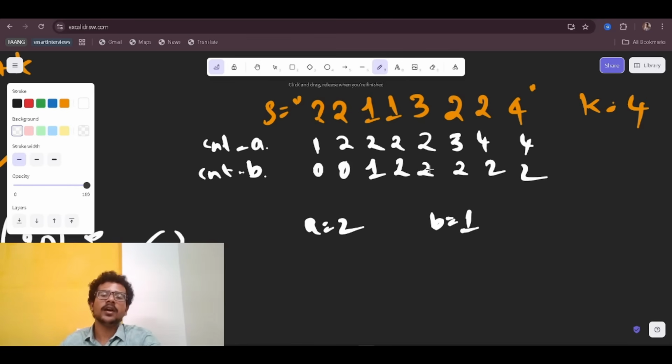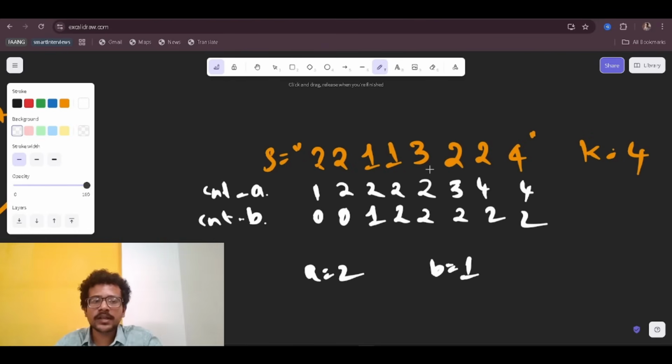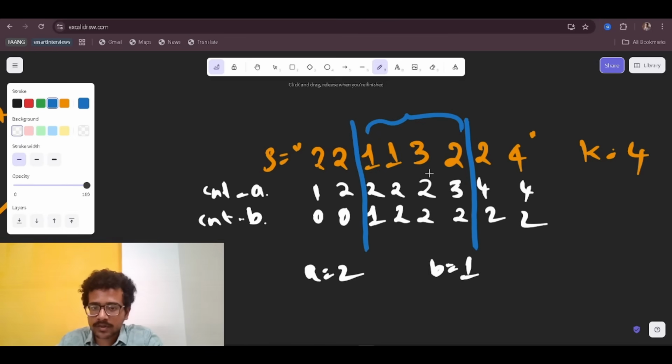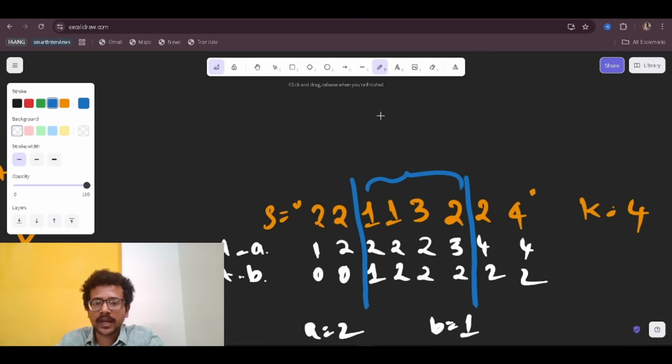That's it. Now, my intuition is something like, just take this 3 and 2. If I take this substring, I would get 3. I am counting how many A's I got here, how many A's I got here, and how many B's I got here.